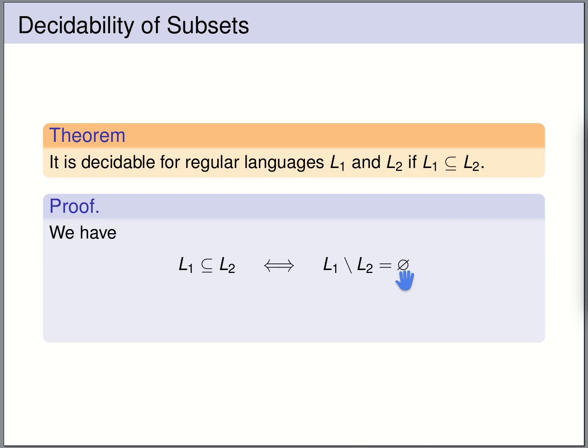Now, how does this help us? It helps insofar as we have seen how to construct a deterministic automaton for this difference. Given two deterministic automata for L1 and L2, we can construct a deterministic automaton for the difference, and then using this deterministic automaton, we already know that the emptiness problem is decidable.